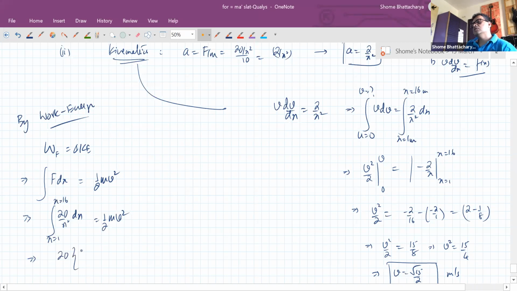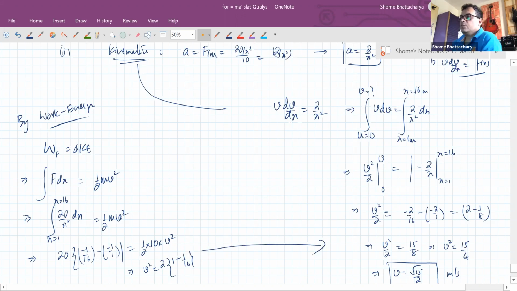So this will become minus 1 by 16. So it is half into the mass, which was 10 kg, into v square. Doing this calculation will give you the same result.